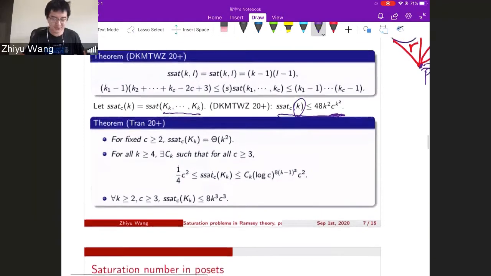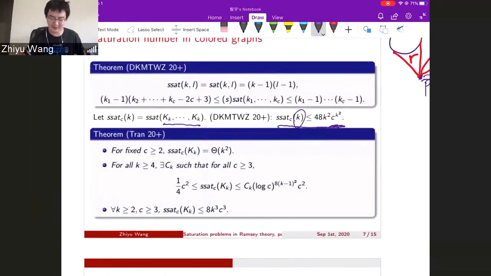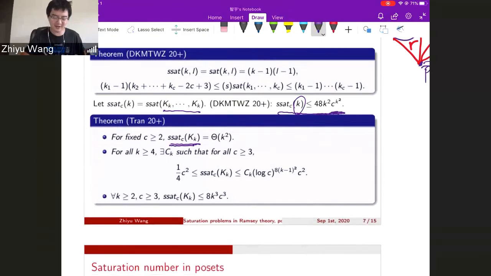So what Trent did is he figured out the asymptotics of the semi-saturation number. For any fixed number of colors, the semi-saturation number of K_k is roughly quadratic. And for every fixed click size, the semi-saturation number is also almost quadratic with respect to the number of colors, although there's a log factor there.